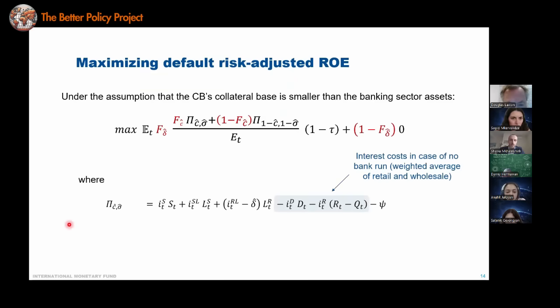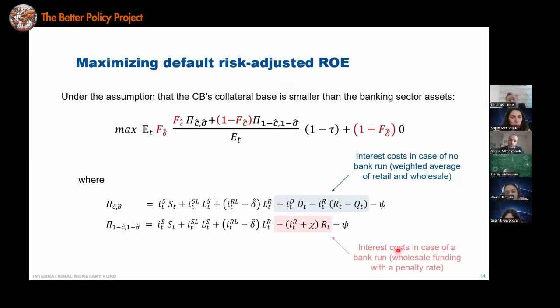In the normal case, the profit is interest income minus normal interest expenses, which is interest expense on retail deposits and interest expense on wholesale funding, minus net non-interest costs. But if they face deposit outflows and run out of collateral, then the whole deposit portfolio leaves the bank, and we say that banks have a liquidity crisis.